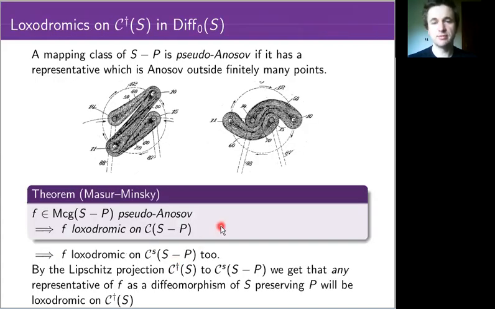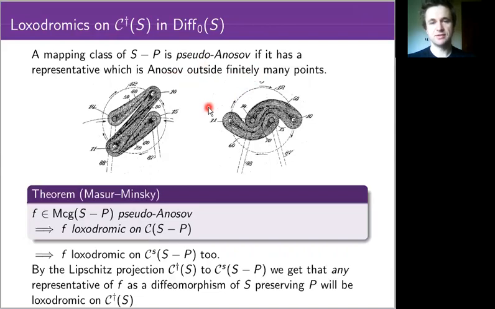Where do our loxodromics on C dagger come from? They come from mapping class groups. So Thurston introduced this notion of pseudo-Anosov mapping class in the late 70s. It's a mapping class that has a representative homeomorphism that is Anosov outside finitely many points.